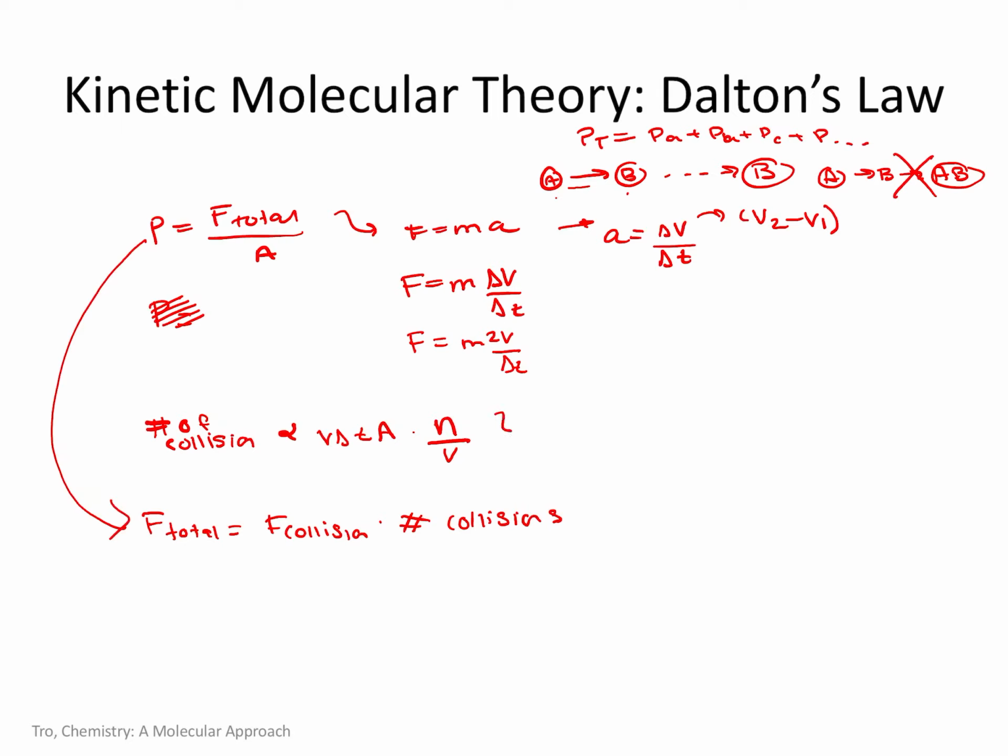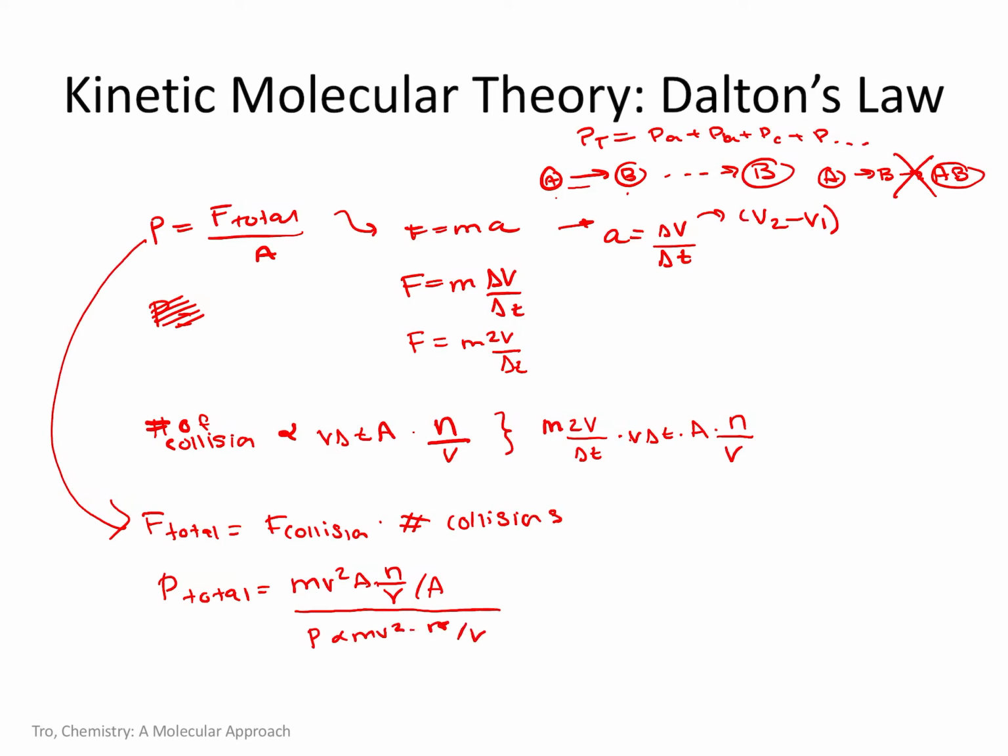So you would say, okay, well, I know for this, I have the mass times the change in velocity over the time interval, multiplied by velocity and time interval, area, and particles over volume, which then gives me that my total pressure is equal to what I got for my force over what I have for my area, which then basically gives us the ideal gas, thinking that pressure will be related to the temperature and number of particles over volume.